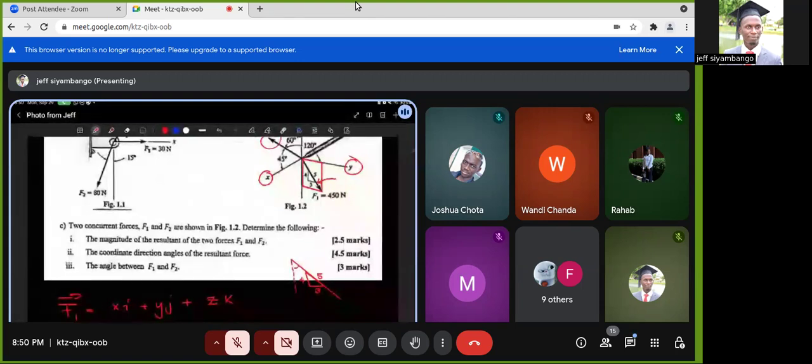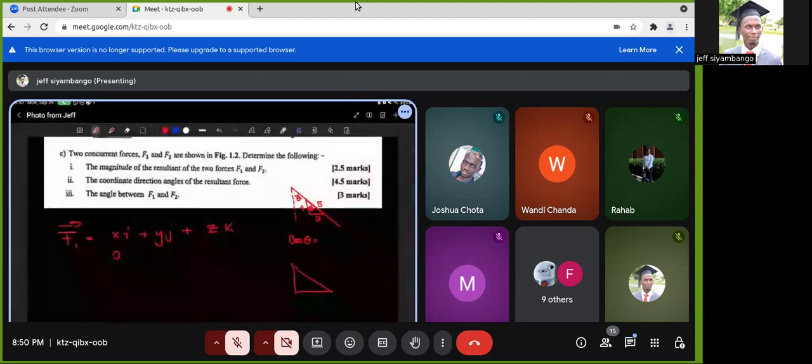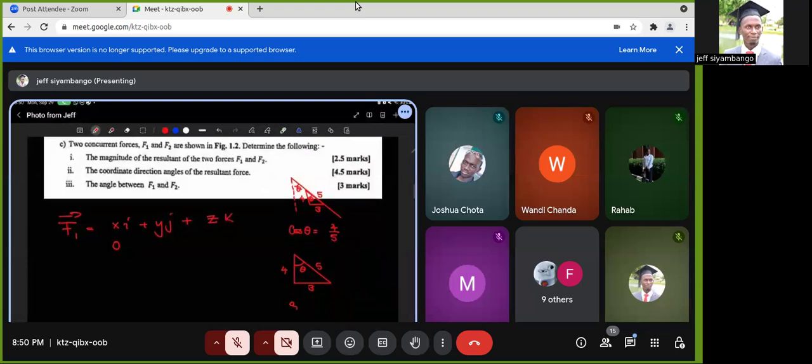If we use the angle to the vertical, which will be the same as this angle here, same as that angle there, then when I use cosine of that angle theta for the small triangle, with this as 4, this as 3, and this as 5, cos theta is 4 over 5, and sine theta will be 3 over 5.